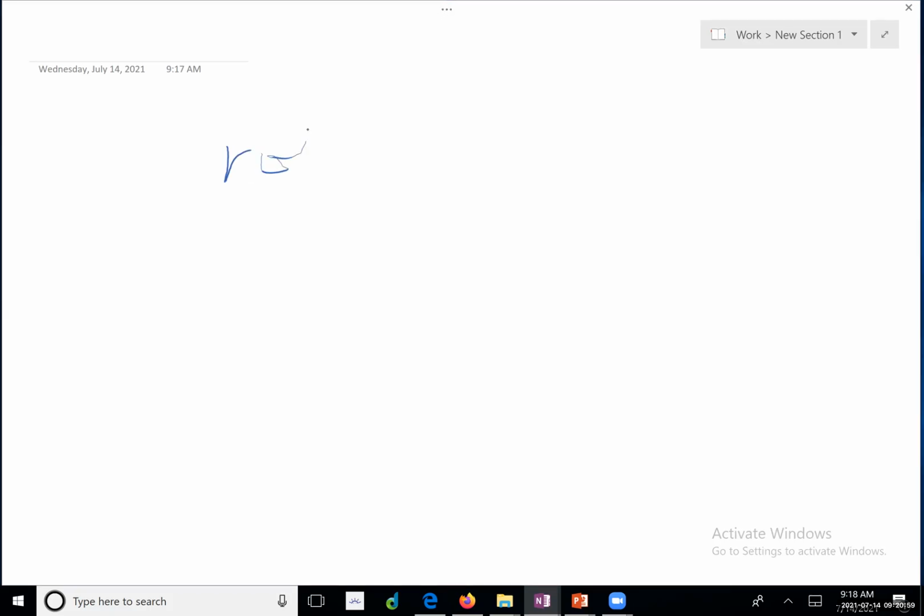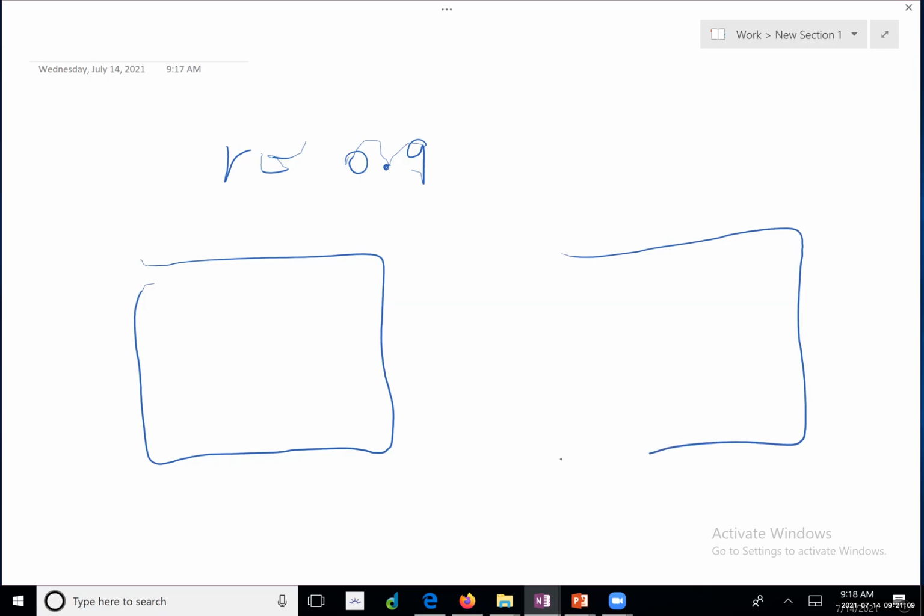Let's say we have r equal to 0.9. I'm going to create two windows. Tell me which one is r equal to 0.9.